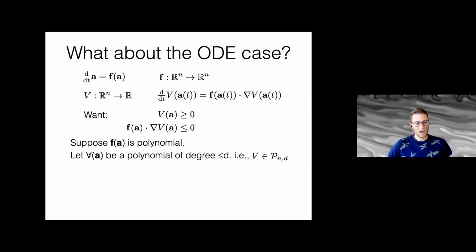In particular, I'm going to search for Lyapunov functions V that also are polynomials on Rn up to some maximum degree. Right? In other words, I'm going to look for a V that lives in the vector space P of polynomials in n variables of maximum degree D. Right? That's a finite dimensional vector space.